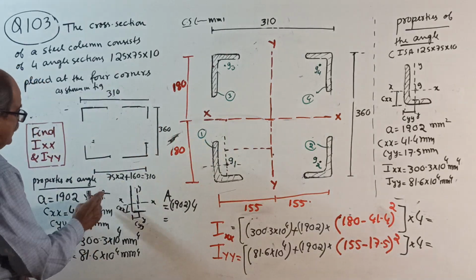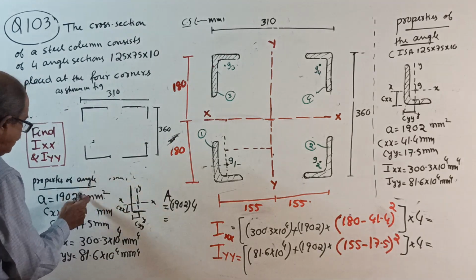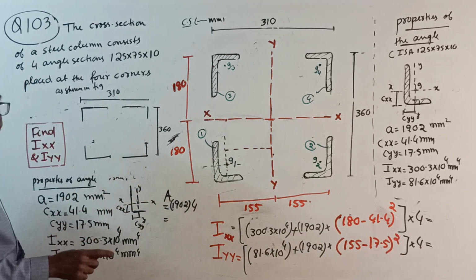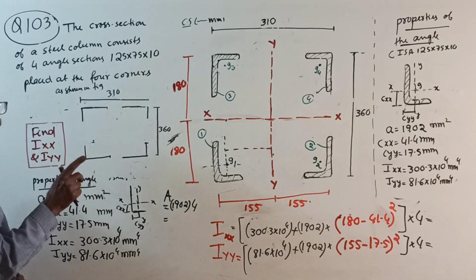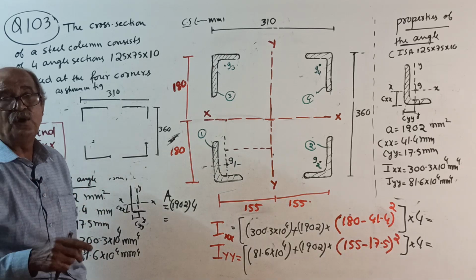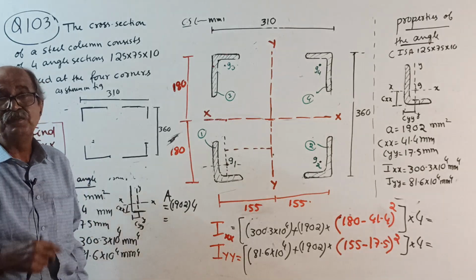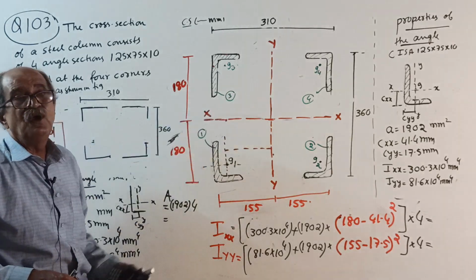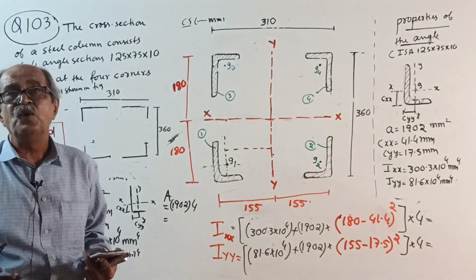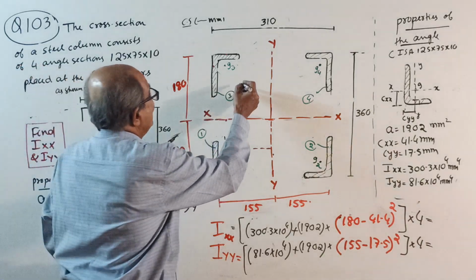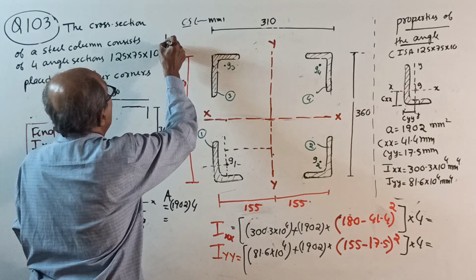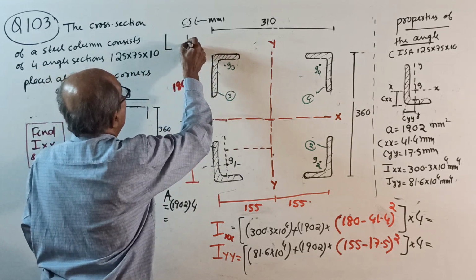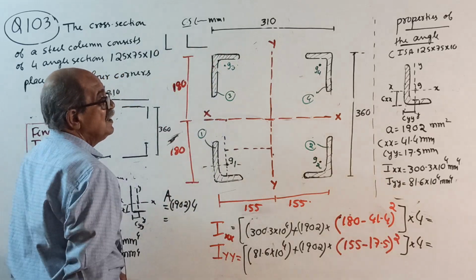Okay, then property is given. But remember, the property will always be given for you when the longer leg is placed vertical. Because the IS handbook does not know whether you place the angle like this or like this, for an unequal angle.